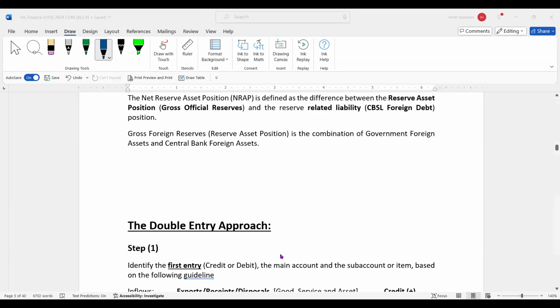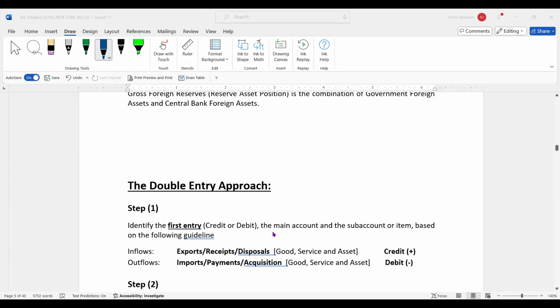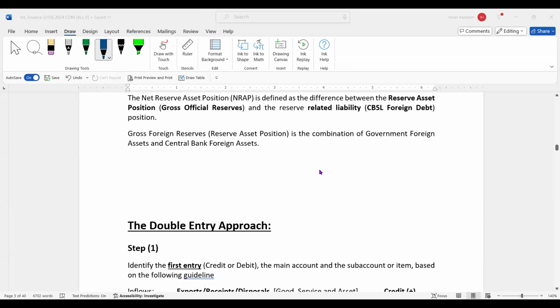Okay. Then I have left some space here for the net reserve asset position and the BOP overall balance. If you can, try to get these values.